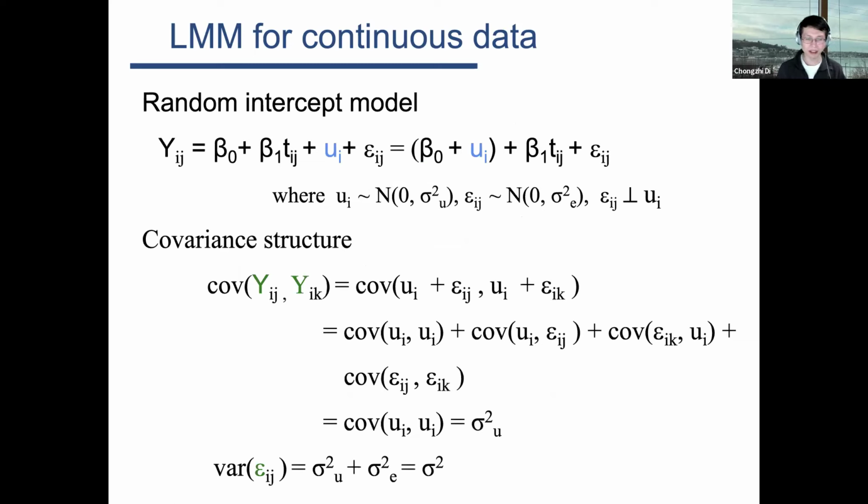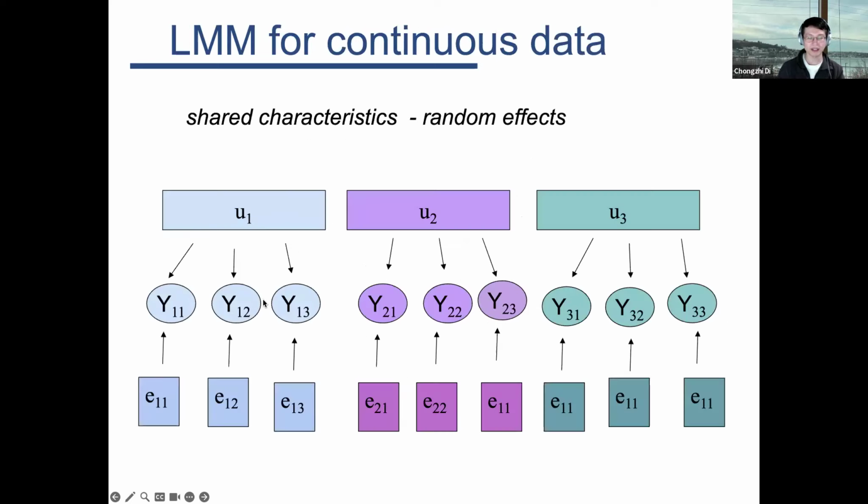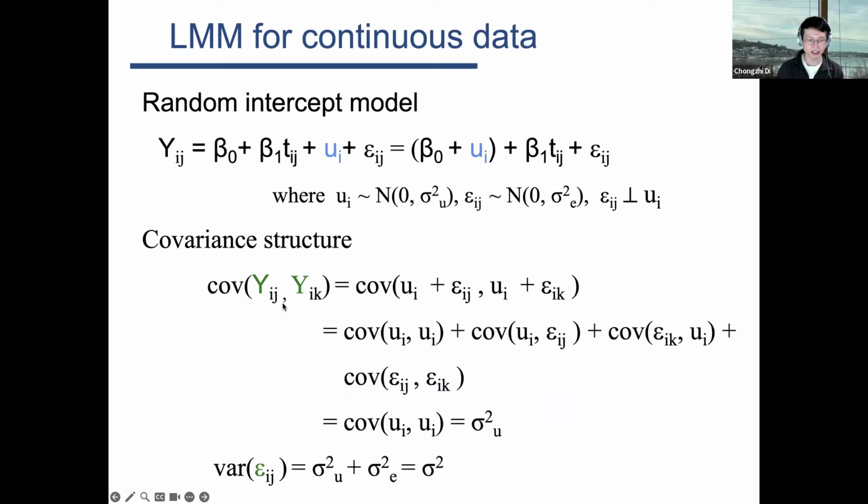Now I also wanted to point out what type of correlation structure this random intercept model will induce. To investigate that, we just need to do some simple matrix algebra. We calculate the covariance between Yij and Yik, so basically the two measurements at visit j and visit k. Because the betas are fixed values, they don't affect the covariance.